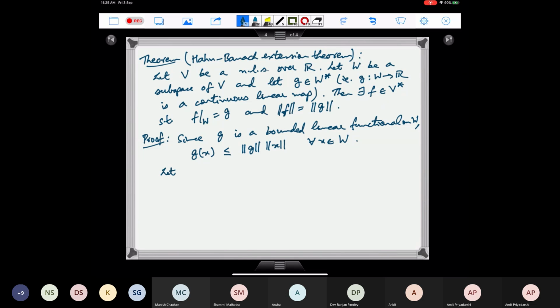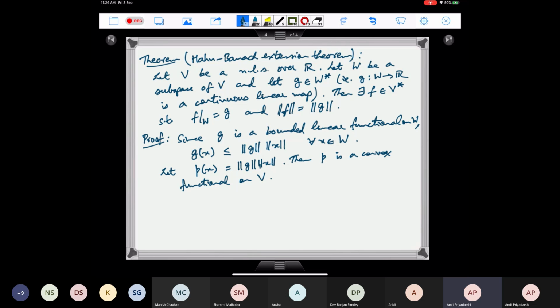So let p of x equal norm g times norm x. Then p is a convex functional on V. I can define this p of x for any x belonging to V. So p of x is norm g times norm x.